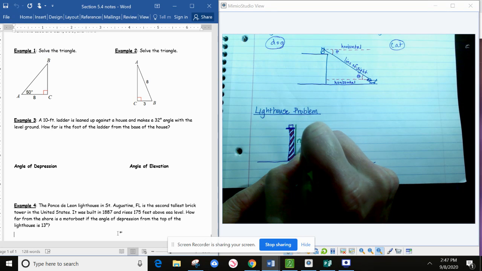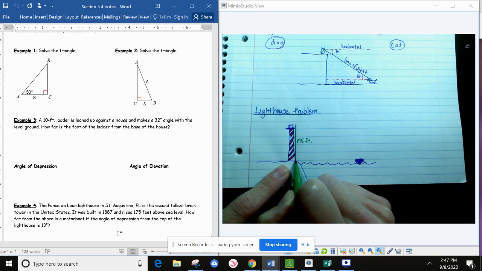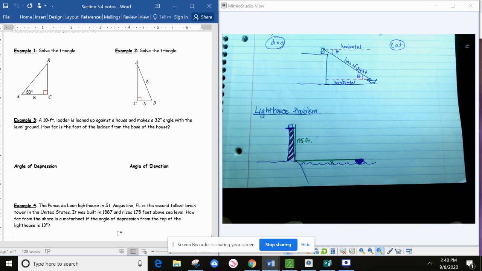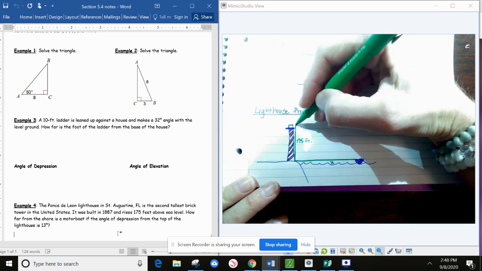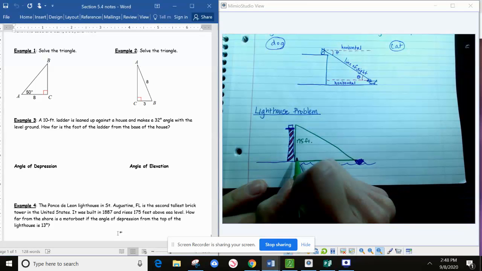So we've got a lighthouse here, and then we want to know how far from the shore is the motorboat. So here's our unknown. If the angle of depression from the top of the lighthouse is 13 degrees. So we're making a little bit of an assumption here that the lighthouse makes a right angle with the sea level.